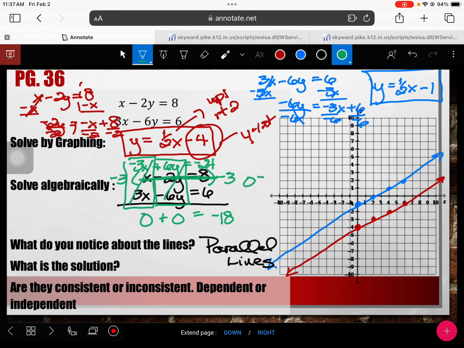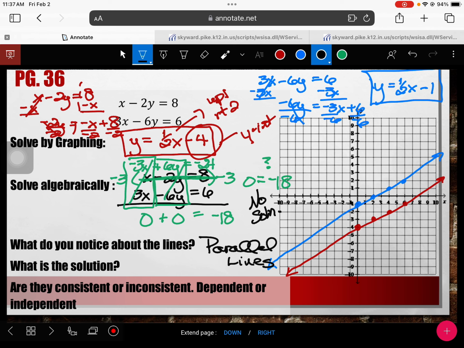So I get 0 is equal to -18? What? So remember how just before in the slide before I said if you get some number equals another number, what does that tell you? There's no solution. And why is there no solution? Because these linear graphs are never going to cross.